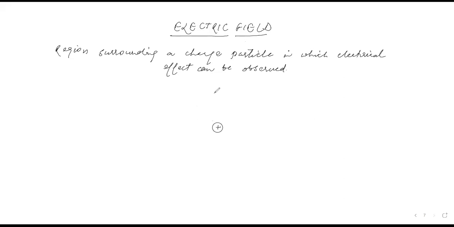You can write here, this is the field of this charged particle. And in this field, if you are carrying another charged particle, then you observe the electrical effect. I mean that charge either will repel from this charge or attract towards this charge.